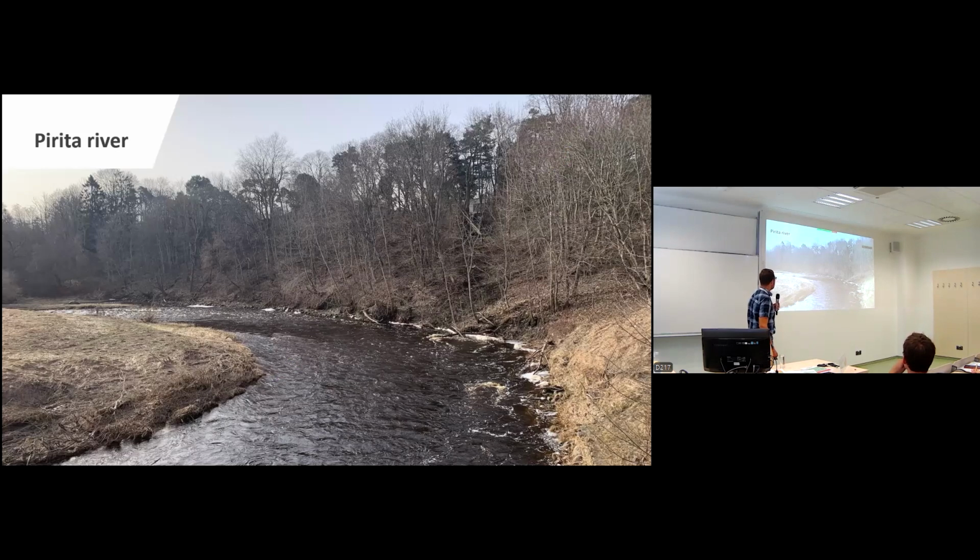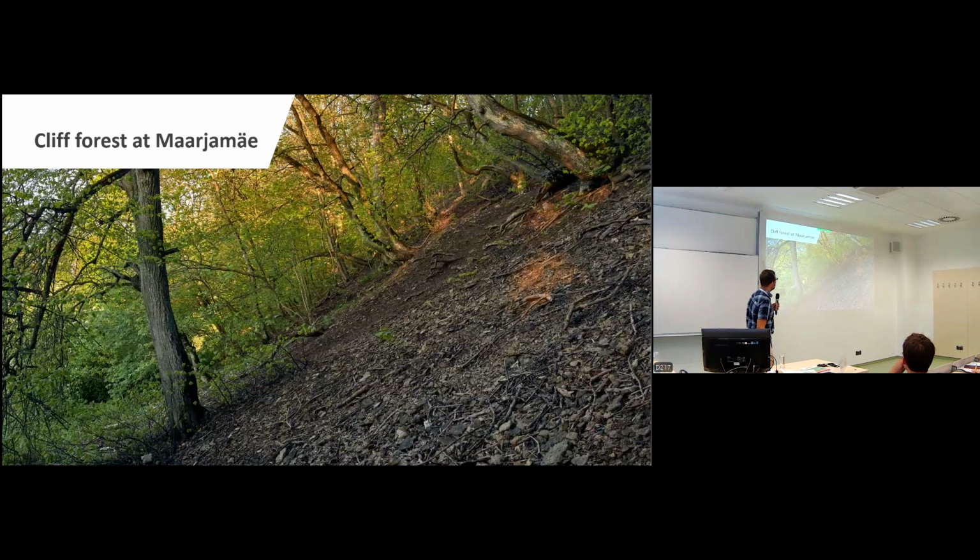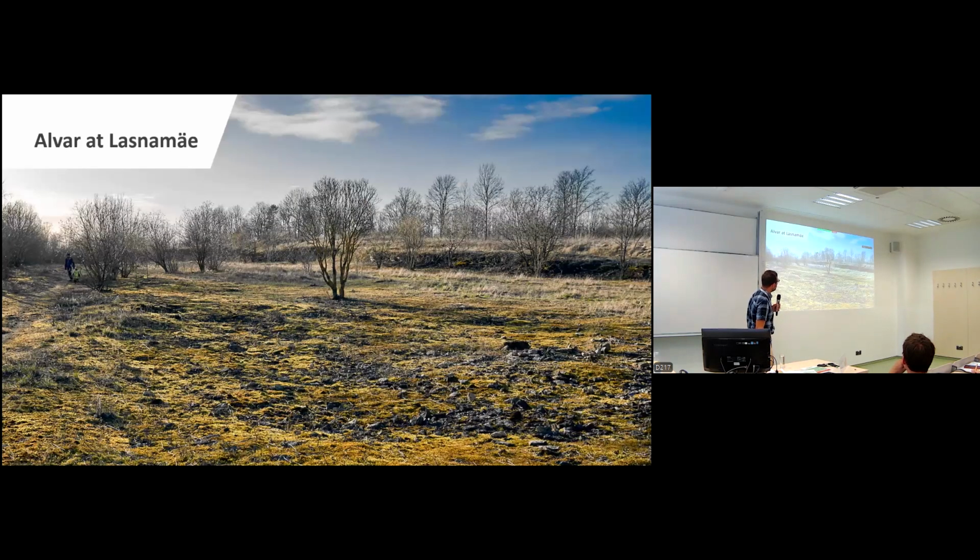Well, some examples. Pirita River and its valley habitats are protected as cliff forest. Calcareous alvar grasslands, still some patches remain in the Lasnamäe district.